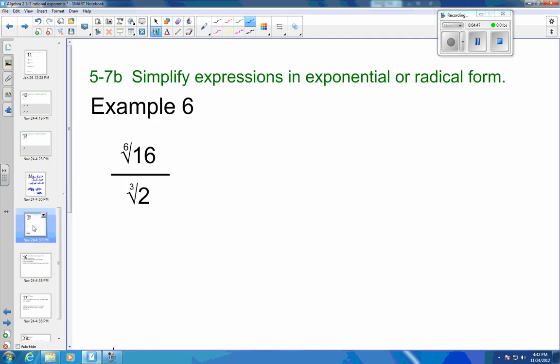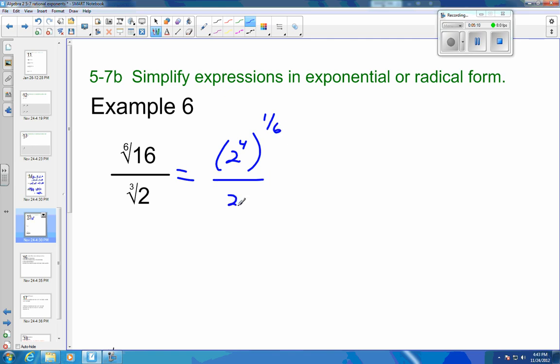So let's go through those 3 examples with some different numbers, again, just because they're kind of confusing. So first step on this one, see if you can figure it out. If you want to pause the video and then check your answer, you can. Okay, so 16 is 2 to the 4th, and then this is going to be to the 1/6 power.